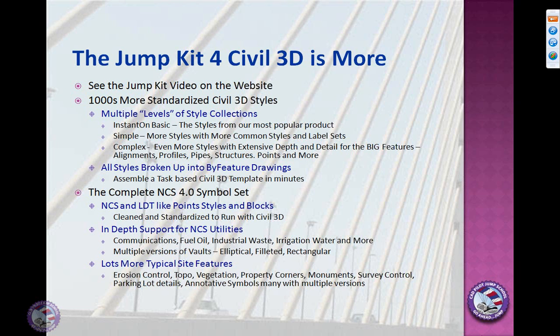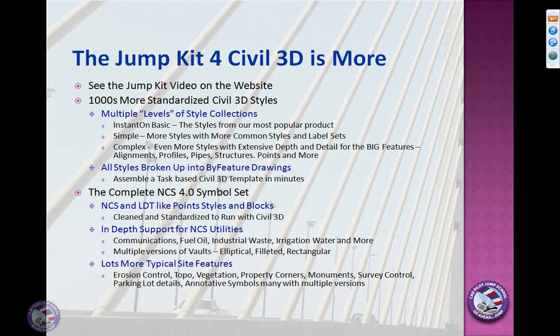It includes something that we call the NCS symbol set, which you can also get yourself. So that's thousands of symbols or more, all the blocks plus all the point styles, all with classic NCS-like naming conventions, support for fuel oil, industrial waste, all that kind of stuff, erosion control, traffic, things that just aren't inside Civil 3D.